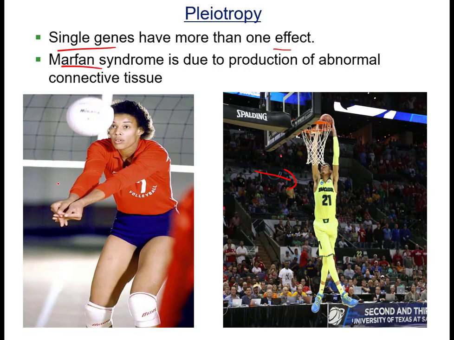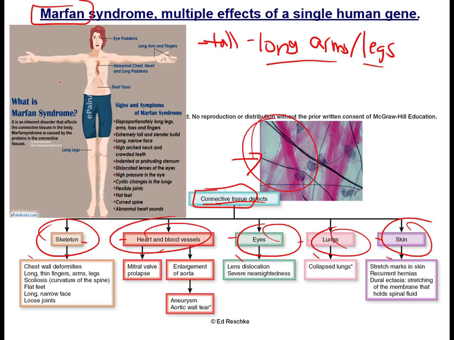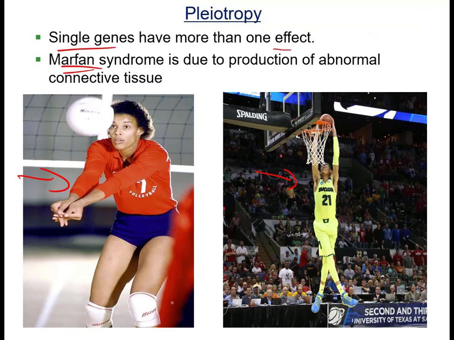Also, this is a really famous volleyball player, Flo Hyman. She was in the Olympics and everything. She had Marfan syndrome and she didn't even know it. But the biggest danger in this syndrome, even though the person is tall and has a really athletic build, is the heart and blood vessel problems. A lot of times nobody even knows they have this syndrome. And then what happens, of course, is they're out playing their sport and they have heart failure and they can die.